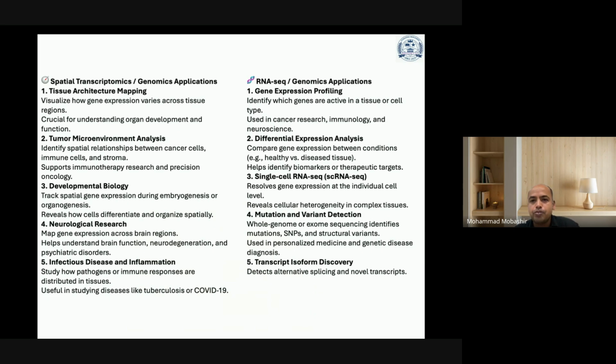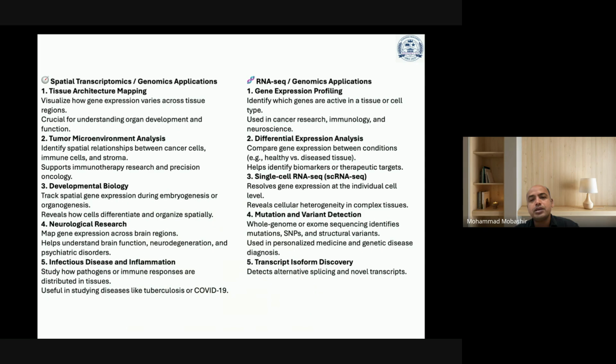Differential gene expression profiling could be done here also, to compare gene expression between different conditions, for example, healthy versus diseased tissues or normal versus cancer tissues. It helps to identify biomarkers or therapeutic targets. Single-cell RNA-seq resolves gene expression at the individual cell level. It reveals cellular heterogeneity in complex tissues.